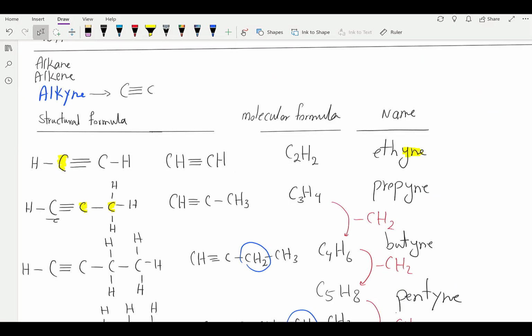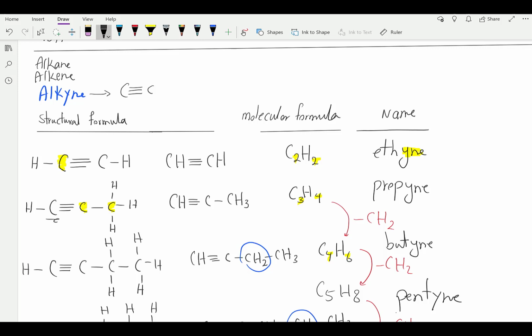Same as alkane and alkene, there is a relationship between the number of carbons and hydrogens. For alkyne also there is a relationship between the number of carbons and hydrogens. If you look at each of these molecular formulas for the members of the alkyne that we have here, you probably can find the relationship between the number of hydrogens and the number of carbons.